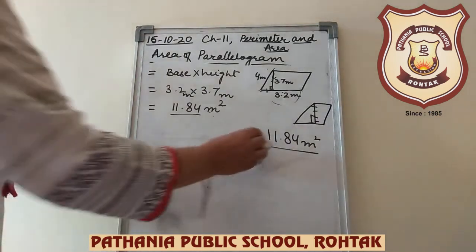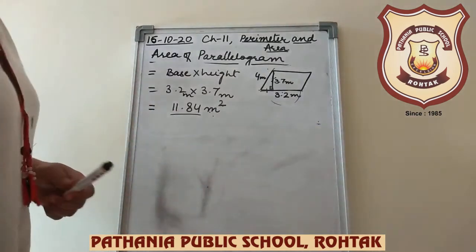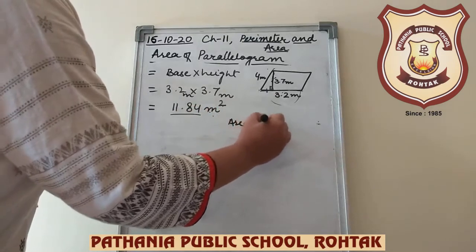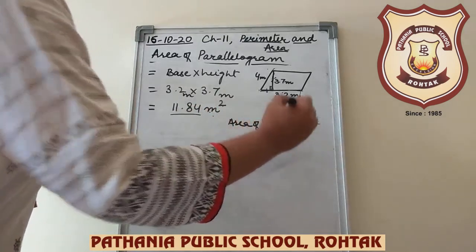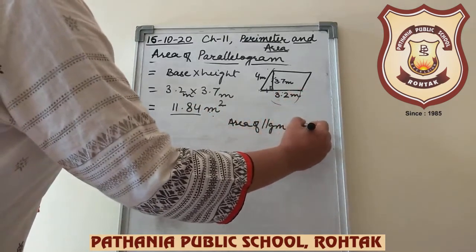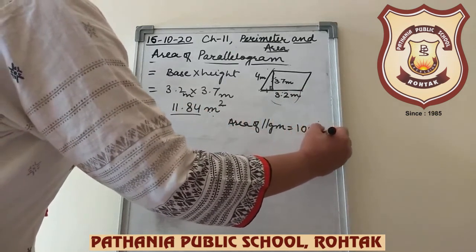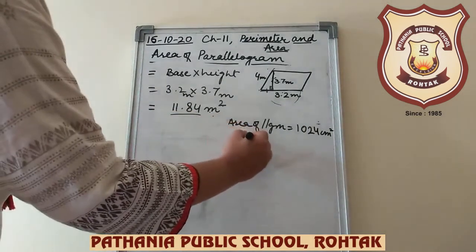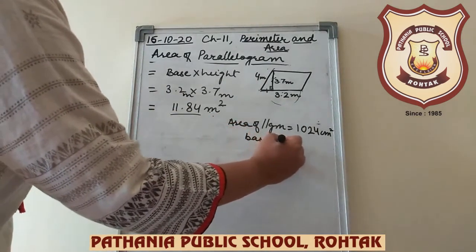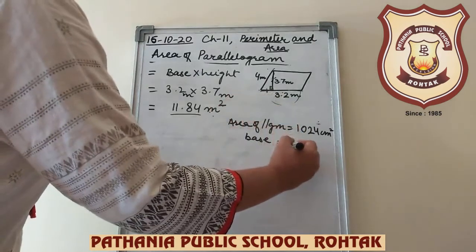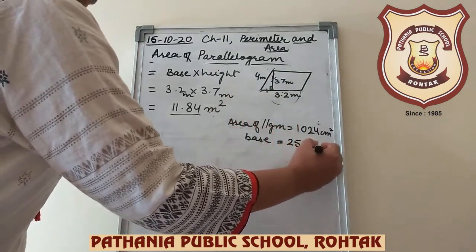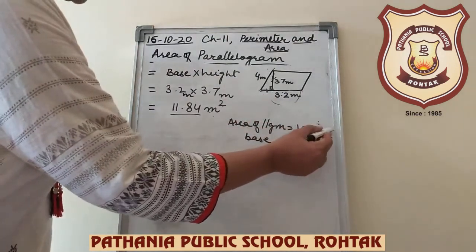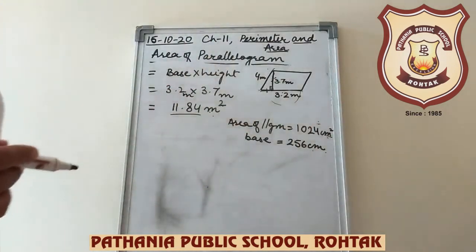Now suppose you are given the area of the parallelogram as 1024 centimeter square and the base is given as 256 centimeter. Now see here the units, centimeter square, and this is only centimeter.